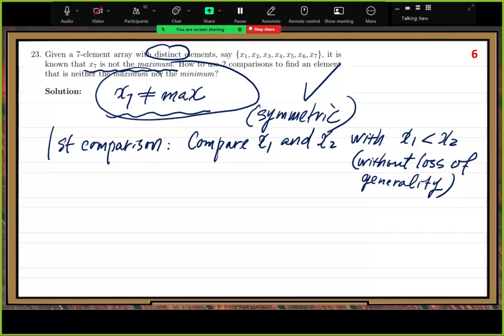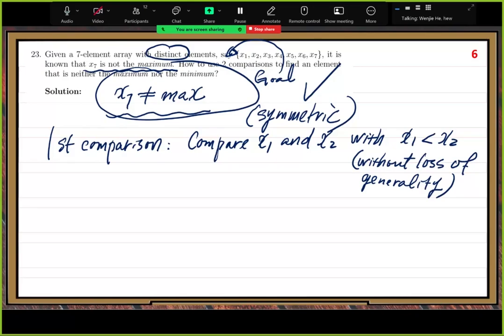So the second comparison. After this assumption, we can pick the smaller one or the larger one to compare, because we only have one comparison left. Our goal is two comparisons, so we do not have many comparisons to waste. We only have one last chance, and you should use it in the most efficient way. You pick either the smaller one or the larger one, but you only have one chance to pick.